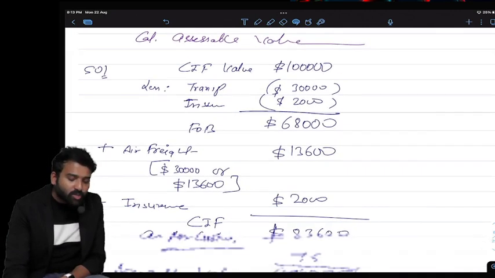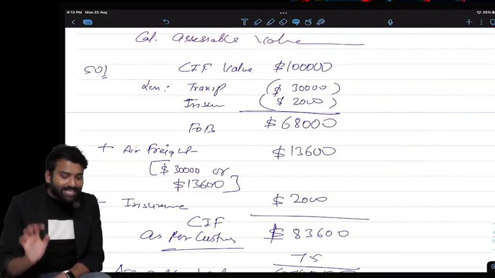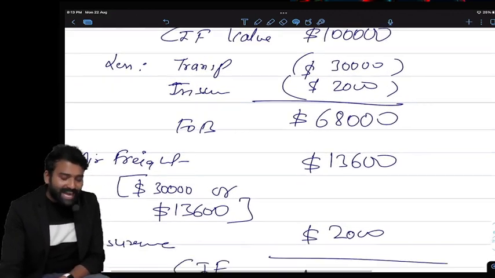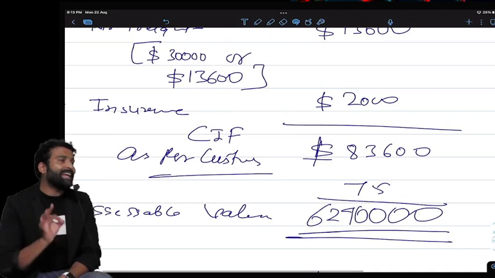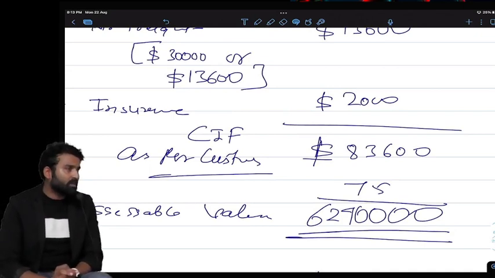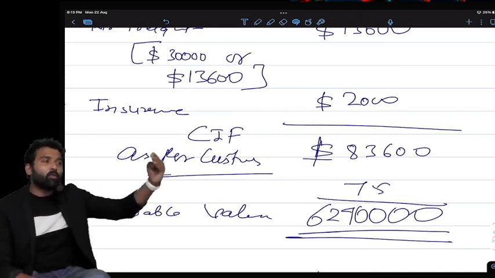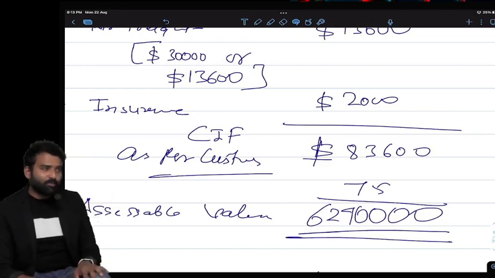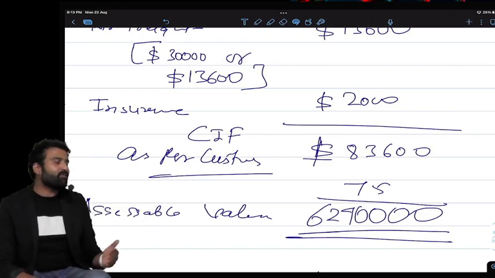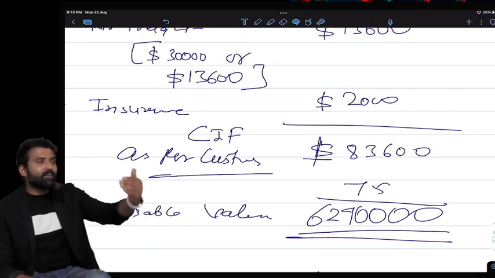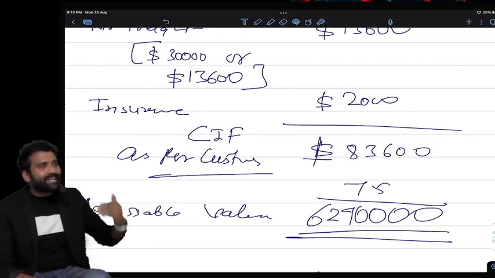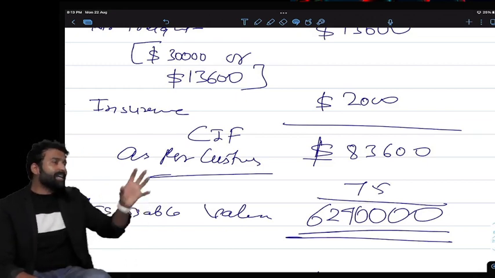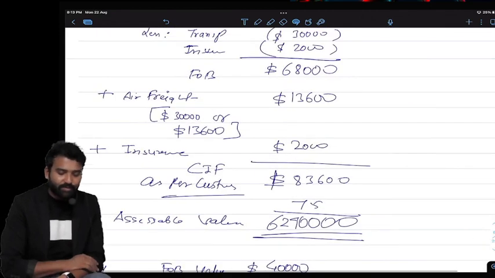So my actual CIF as per customs is not $1 lakh. My CIF as per customs will be only $83,600, because my air freight should not be more than 20% of adjusted FOB. So they might ask you this type of question where you have to calculate the reverse adjusted FOB and then again add the air transportation subject to the limitation of 20% of adjusted FOB.